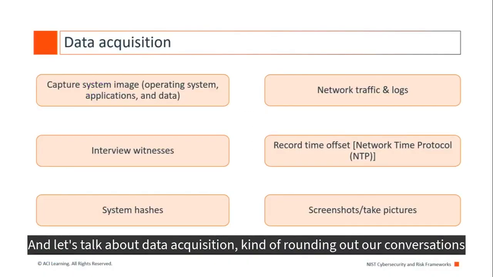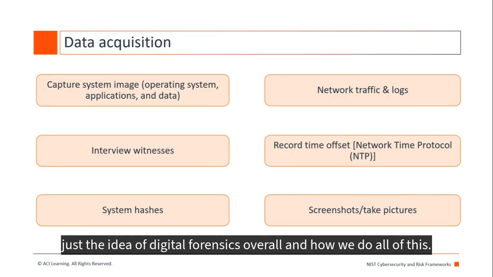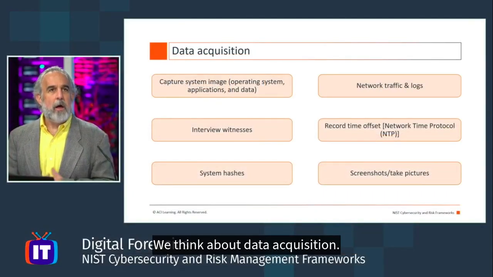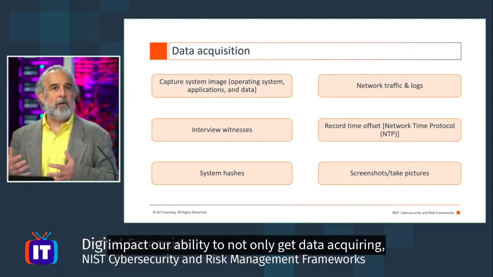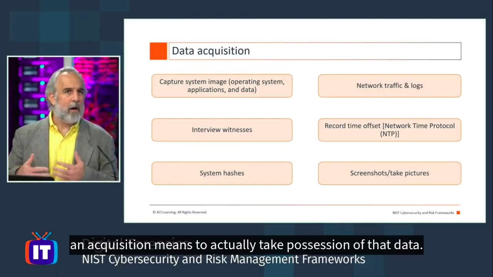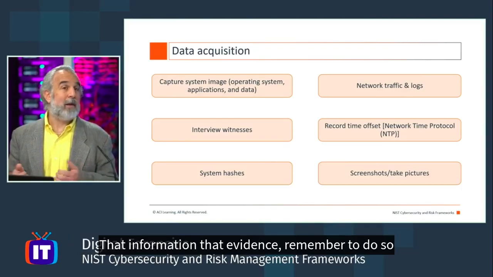And let's talk about data acquisition, kind of rounding out our conversations, right, with regards to the investigative process and just the idea of digital forensics overall and how we do all of this. When we think about data acquisition, we're thinking about elements that are going to really impact our ability to not only get data. Acquiring an acquisition means to actually take possession of that data, that information, that evidence.